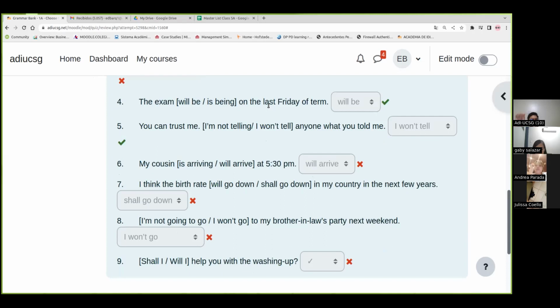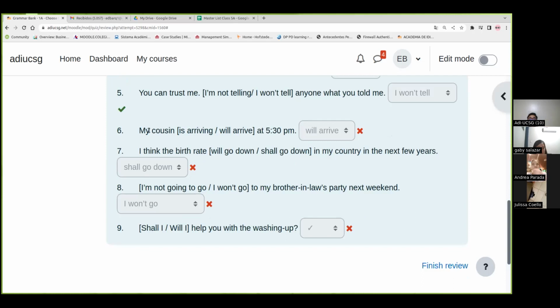I'm trying to make this as simple as possible. Please let me know if you still have any doubts. Over here, it says you can trust me. I won't tell. And that was correct because I'm not telling. That would be a very specific time, and we don't have any time at all. So you use will or won't, the negative version, but not the ing version.